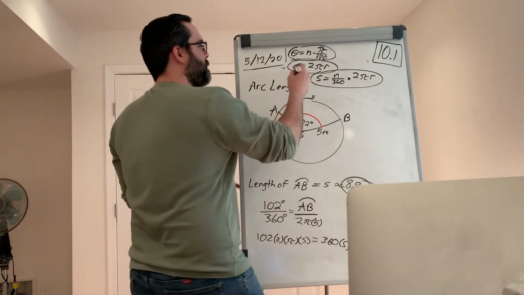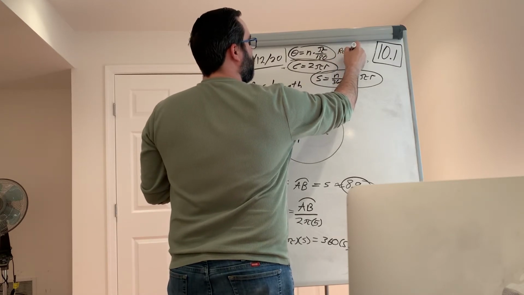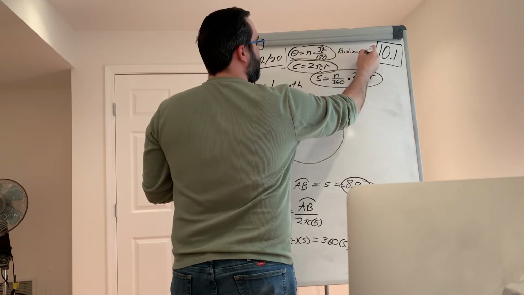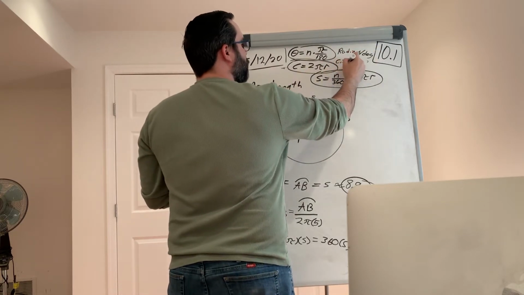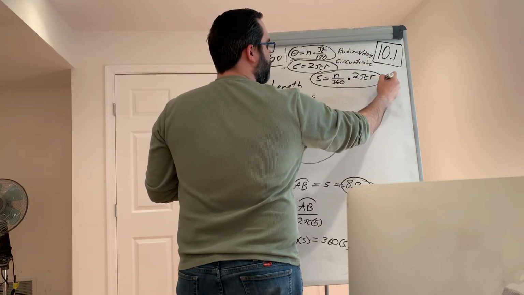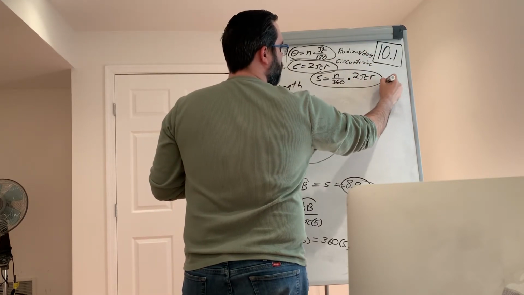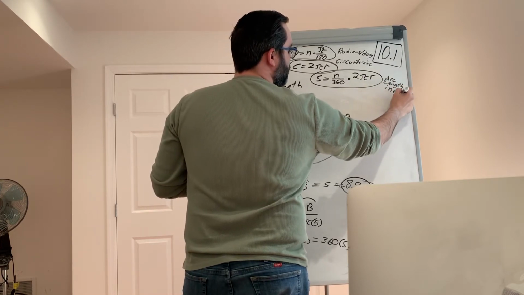Let me write this. This is radians, degrees. This is circumference. This is arc length in degrees.